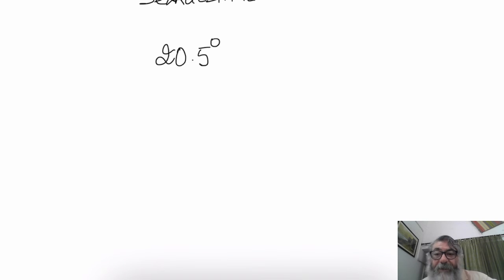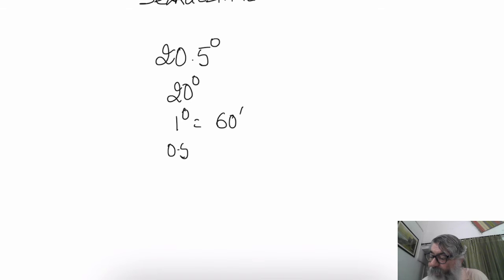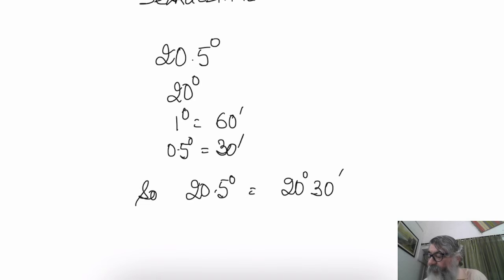It is 20 degrees, and 0.5 degree will become what? 1 degree is 60 minutes. So 0.5 degree will become 30 minutes. So we can write 20.5 degrees as 20 degrees and 30 minutes.